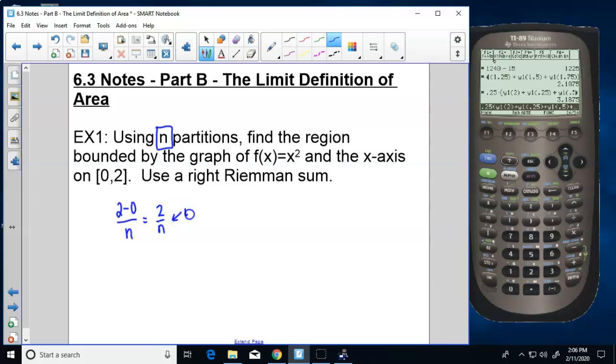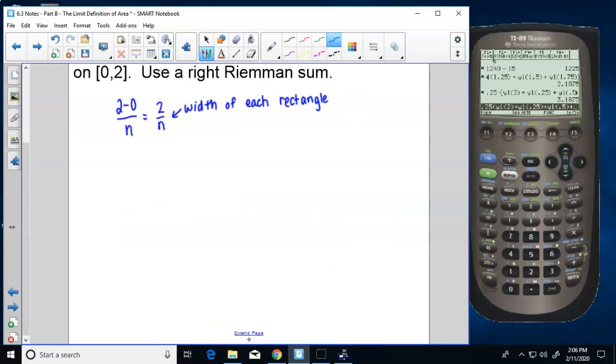That's the width of each rectangle. So whatever n is, that's the width of it there. Let's think about what this would look like on a graph.